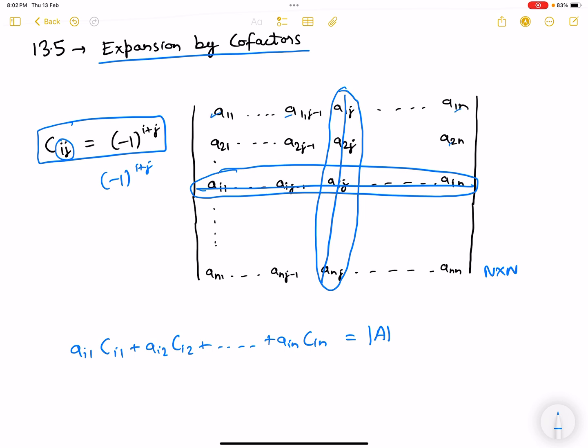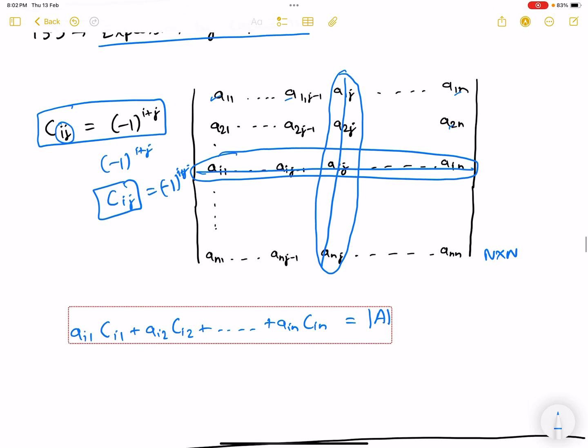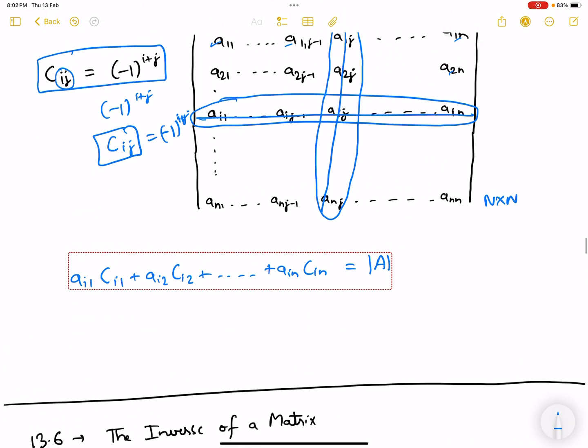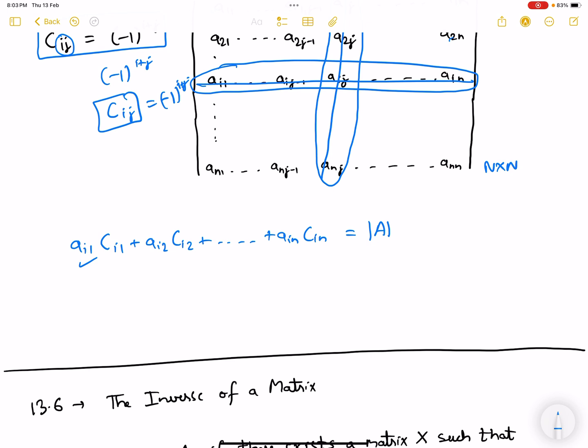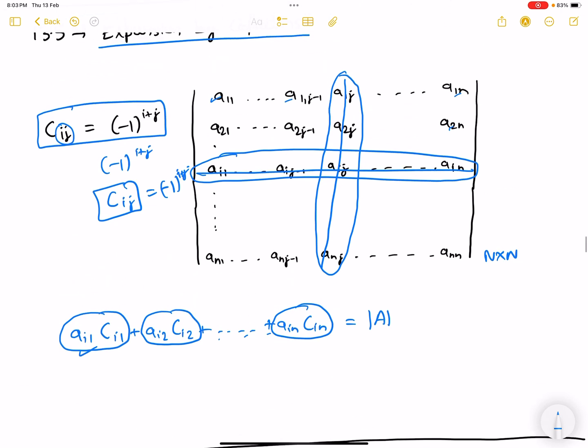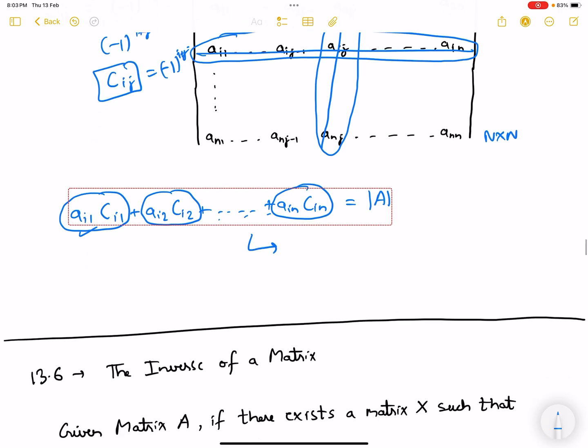So this would be Cij, -1 to the power i plus j times the determinant. Okay, now to find the determinant of the whole, it is ai1 ci1 plus ai2 ci2 till ain cin. So this is expanding along the ith row.